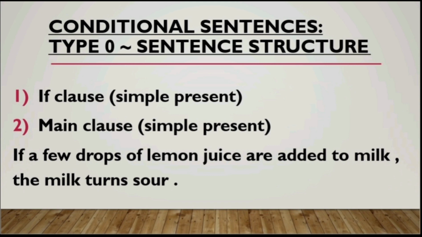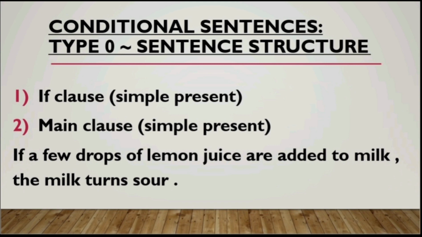And you have a main clause. In type 0 a particular tense structure is used. In the if clause, that is the conditional clause, we use simple present tense, and in the main clause also simple present tense is used, because we talk about real events or situations that are really possible, something that happens.